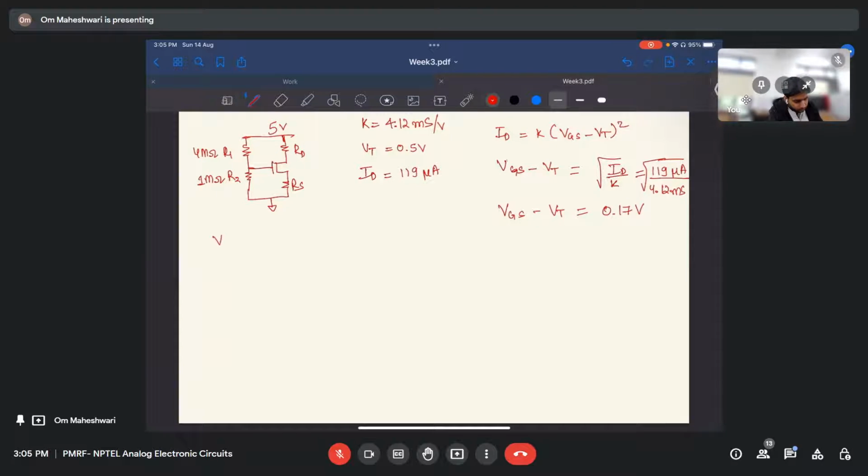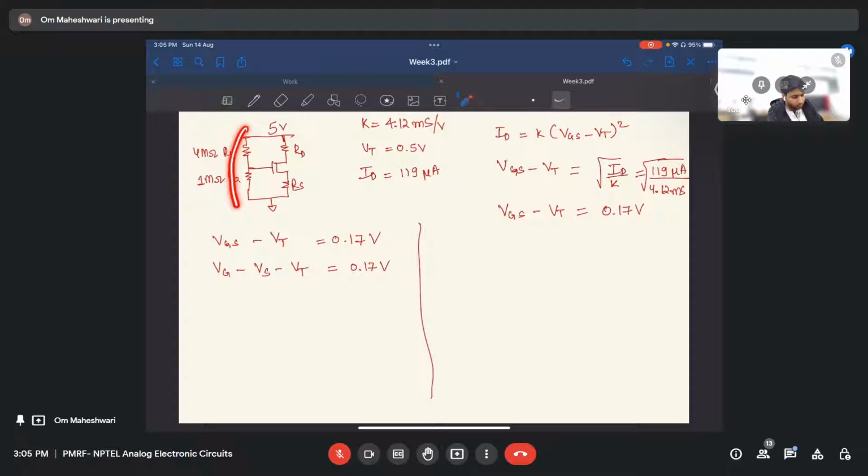Then we know VGS minus VT equals 0.17 volts. VGS means VG minus VS minus VT equals 0.17 volts. We have to calculate VG first. This circuit is a voltage divider, right? So VG will be R2 by R1 plus R2 into 5 volts.